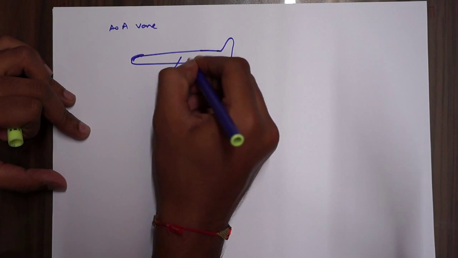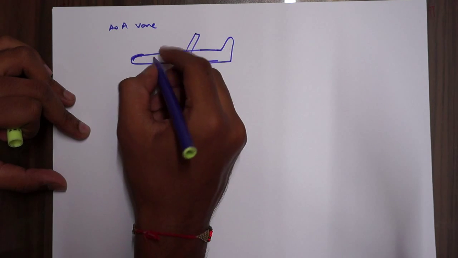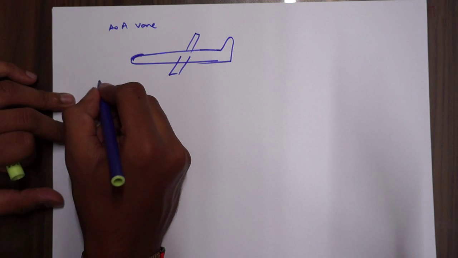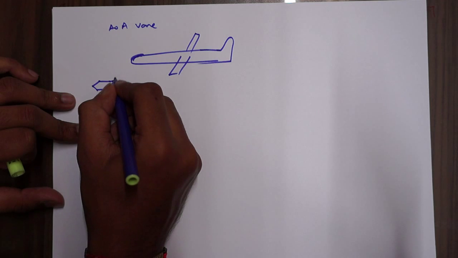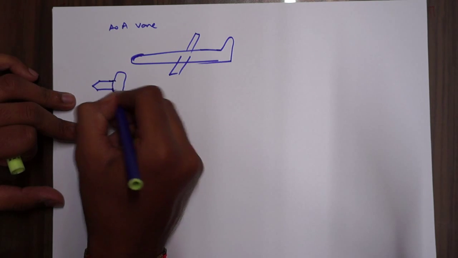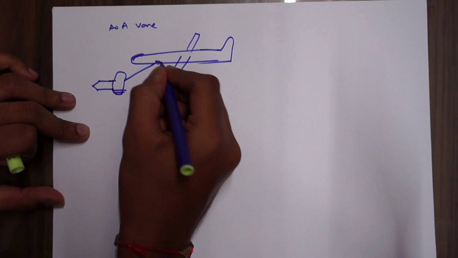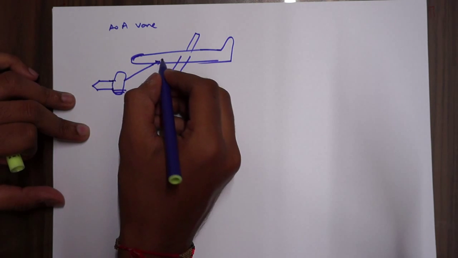Suppose this is the plane. So the angle of attack vane is something of this sort of design, attached to the wing, to the fuselage here.